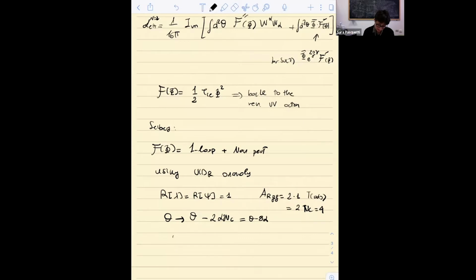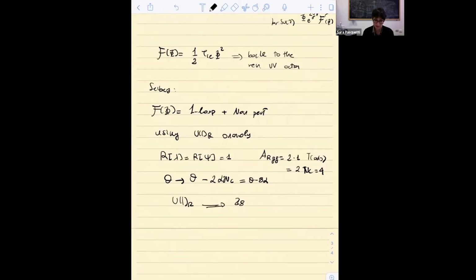So it means that the U(1)_R symmetry is broken to Z8 by the U(1)_R anomaly. In fact, we can also argue that when we turn on the VEVs, since the scalar has charge 2, we further break the Z8 to a Z4.